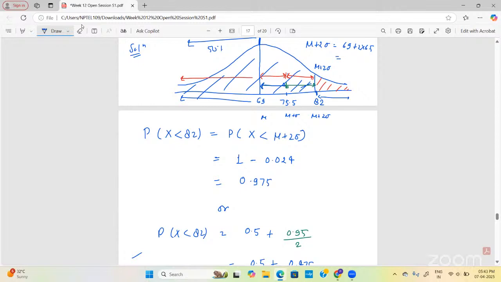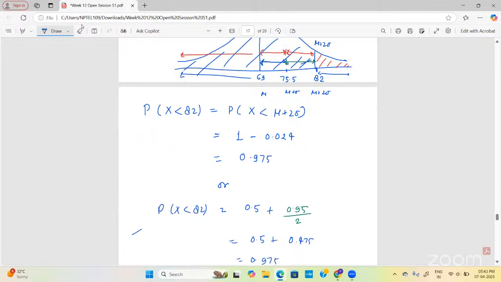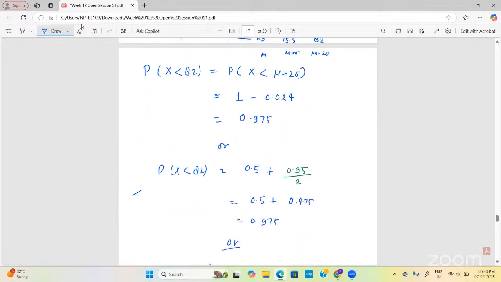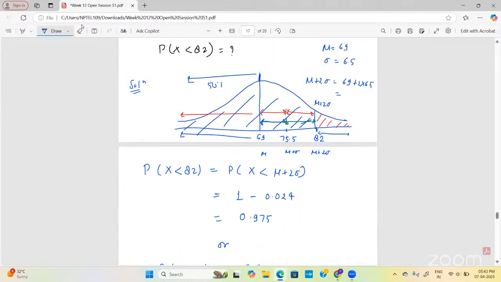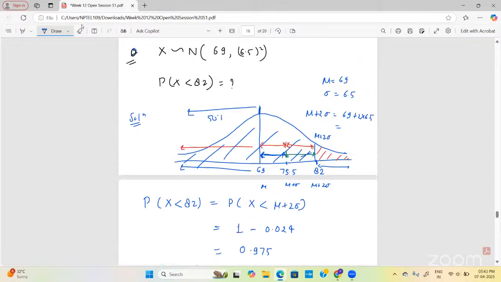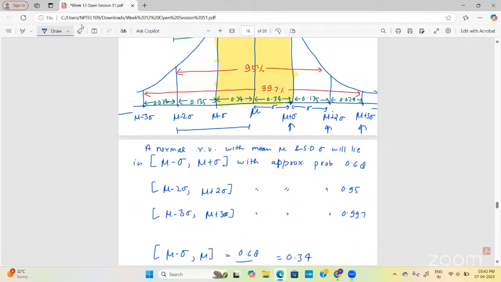On the right hand side only, it will be half of it, since we are taking one side only. So half of 95% and this 50%. Or we can see it like this part and this part, like this 0.34 plus 0.135 proportion of area.